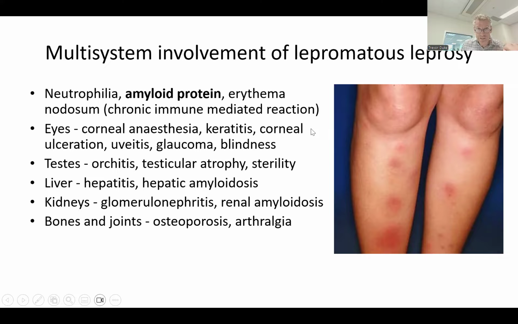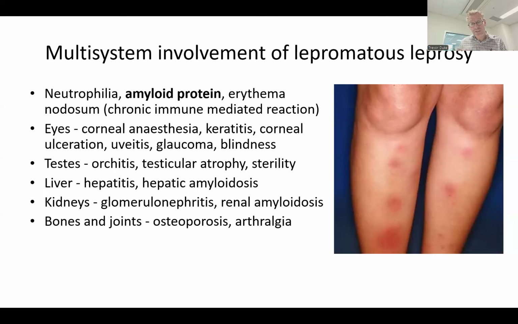But you can get immunological reactions in other parts of the body as well. In the eyes, you can get immune-mediated reactions, and in the testes. Some children who have leprosy can get immune orchitis or inflammation in the liver and in the kidneys and in the bones and joints. And usually this is an amyloid protein that's probably produced by neutrophils that get stimulated by immune reaction.